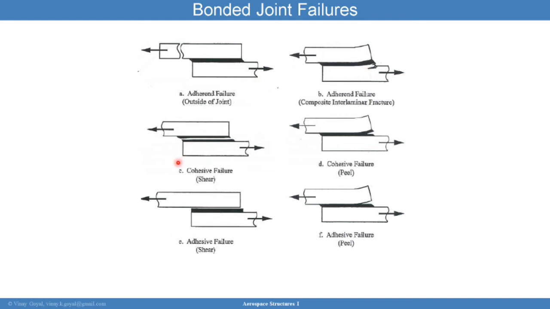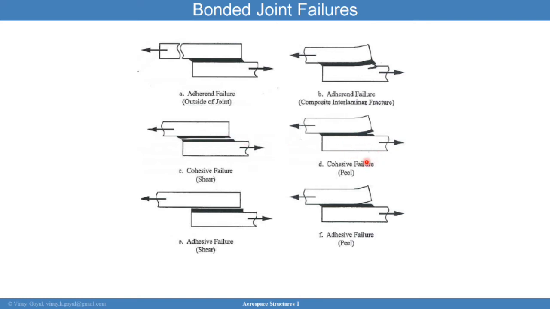You could have a cohesive failure mode where the failure happens within the adhesive, and it usually occurs as a shear load. You could also have voids within the adhesive that could then serve as stress concentrators, and these stress concentrations can then precipitate the shear failure mechanism.